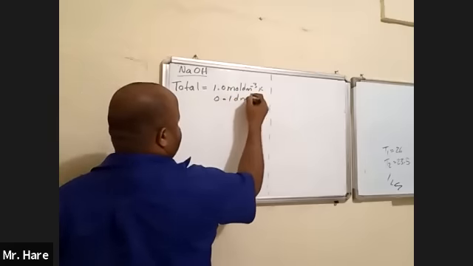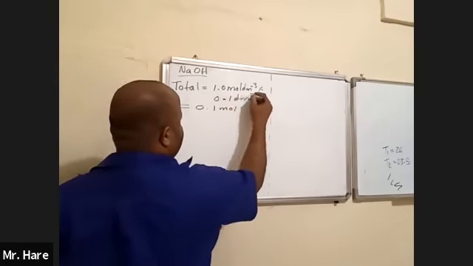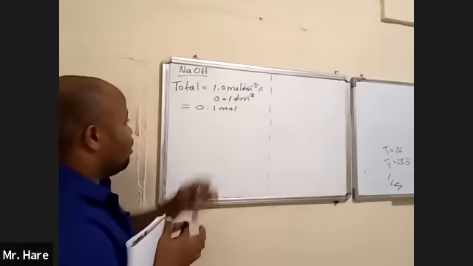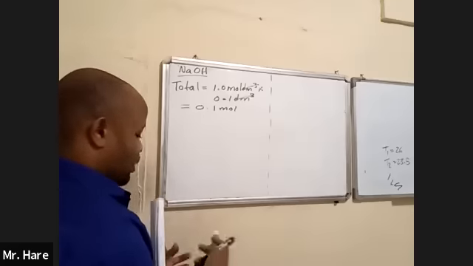And that would have given us 0.1 moles. Right? So that's the total mole of sodium hydroxide.